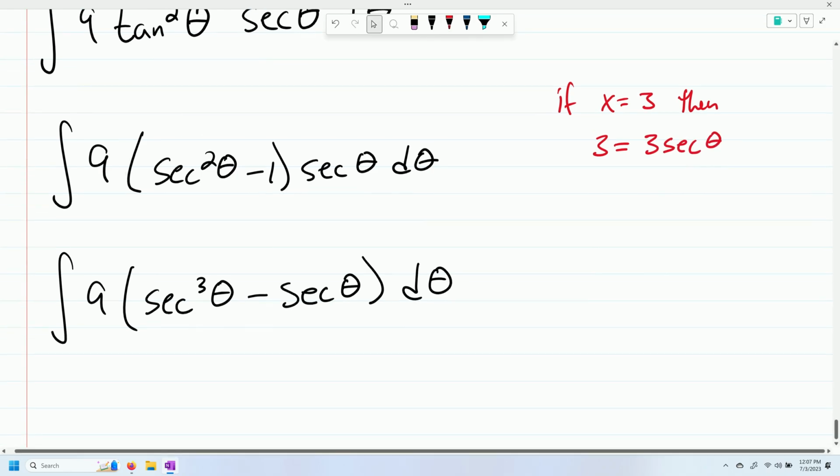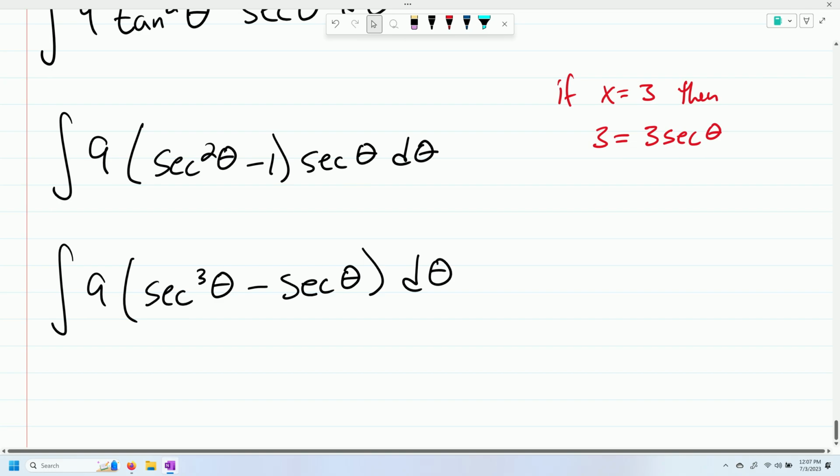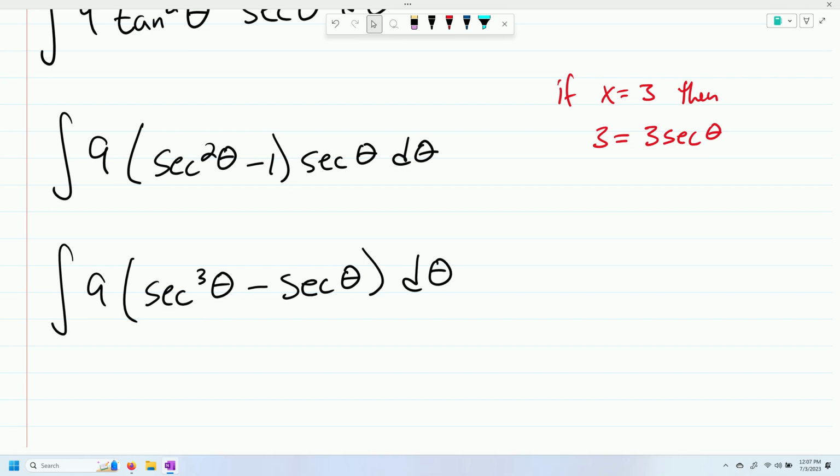Remember, it was x equals 3 secant theta. Divide both sides by 3, and ask yourself, where is secant theta equal to 1? Theta equals 0. So our first limit of integration is 0.